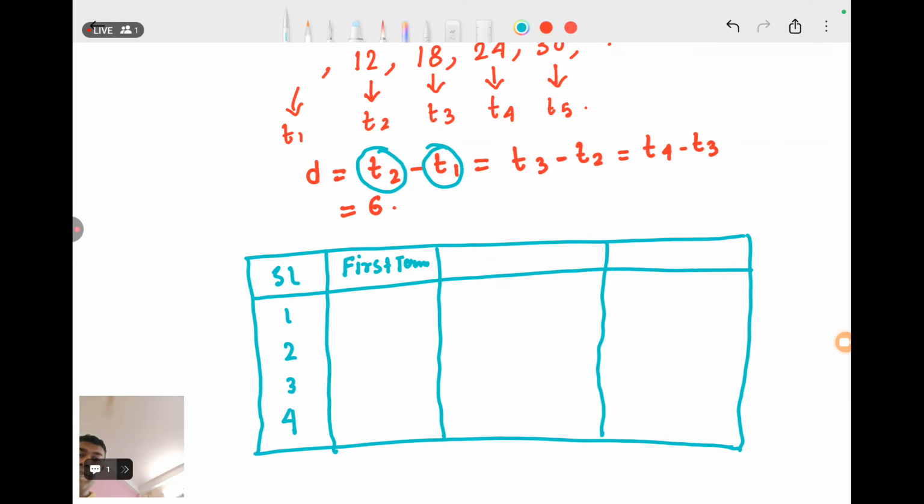First term, common difference, AP arithmetic progression. Now I will give you some more example. Here we have taken the first term as 5.